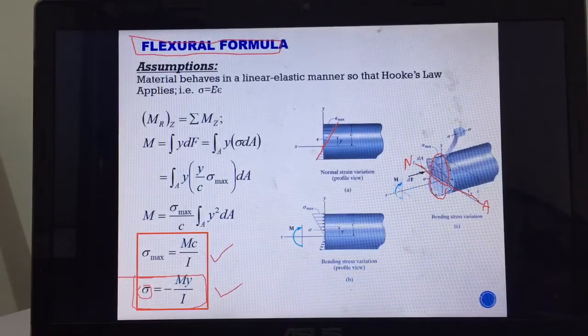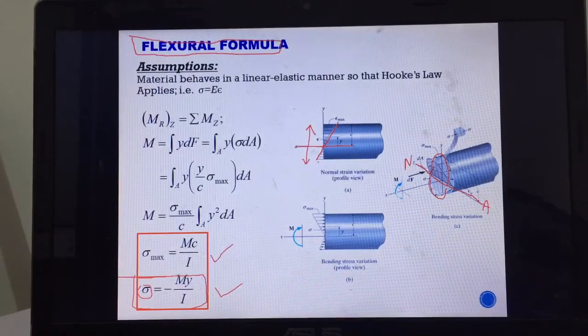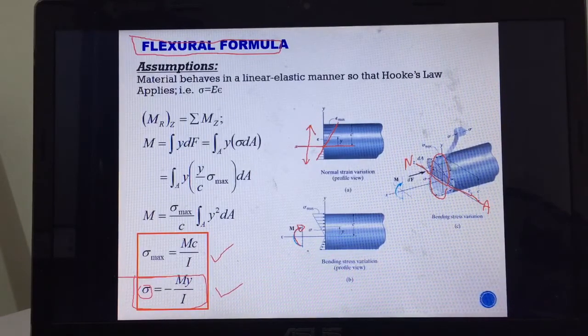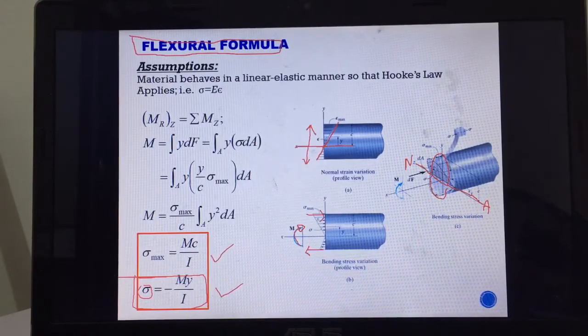So which one is bigger? It depends on how the neutral axis is oriented, right? So which y is bigger here between these two? And remember that if the M is this way, the bottom part will be in tension, and the top part will be in compression, right?